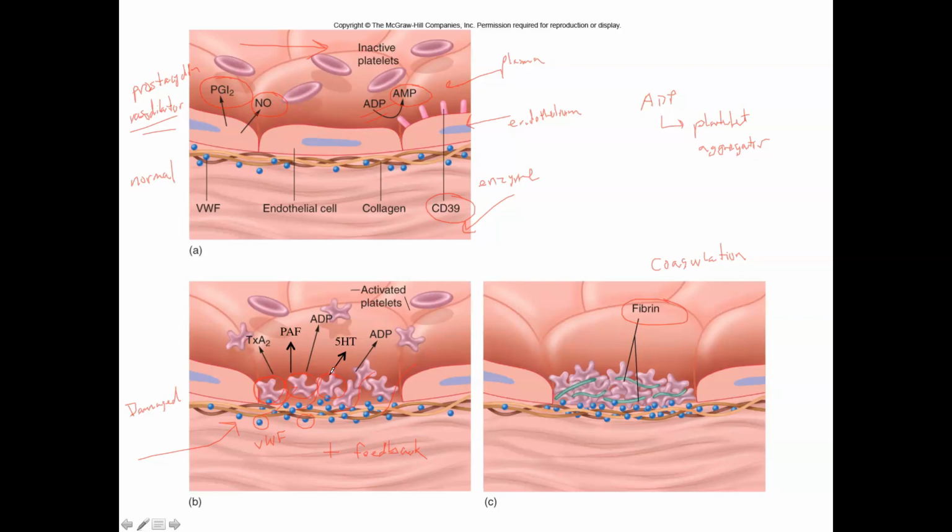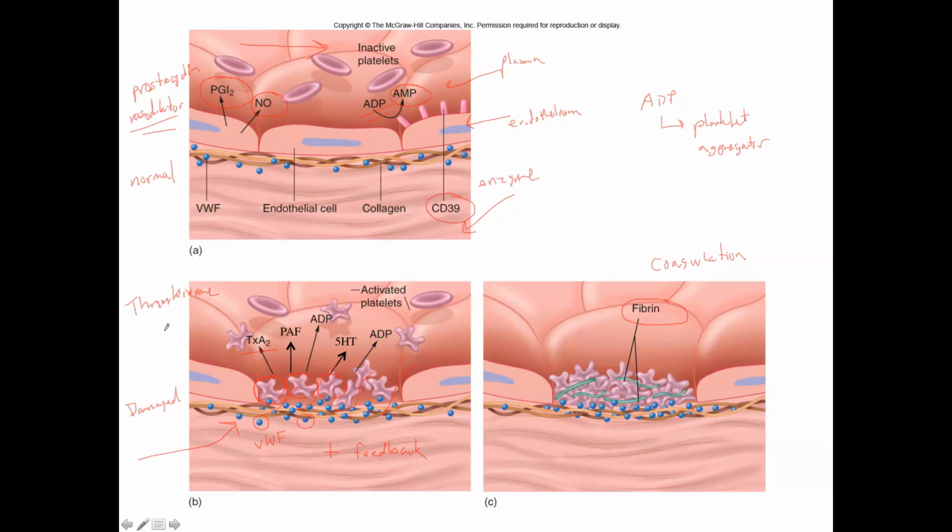So what kind of chemicals are the platelets releasing that is going to help us in this hemostasis process? So the first couple chemicals to take a look at are thromboxane A2. So that would be thromboxane. Thromboxane is another type of prostaglandin.